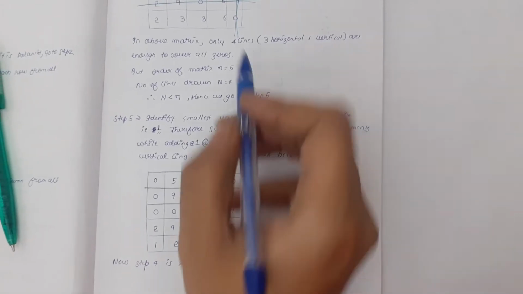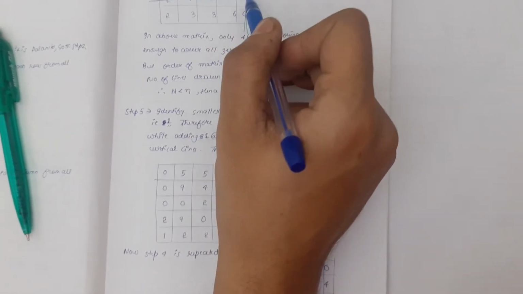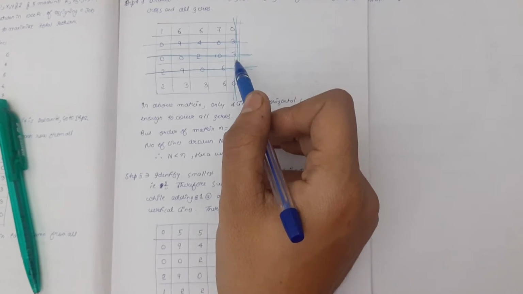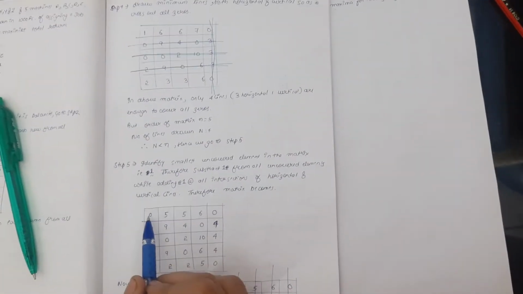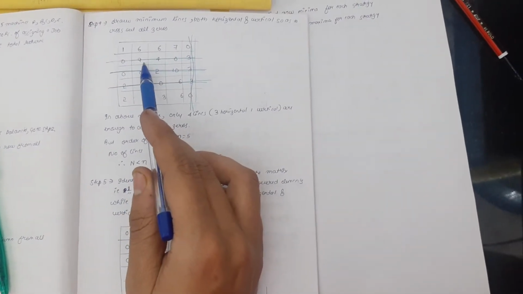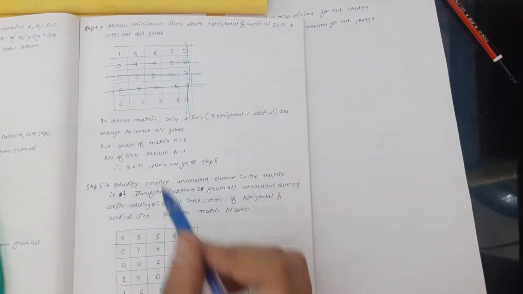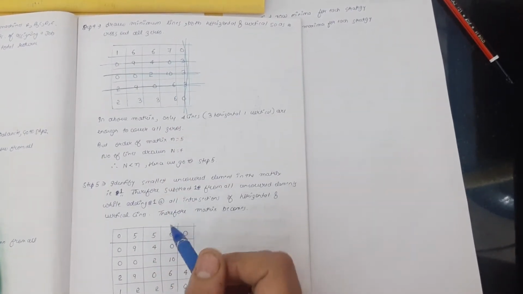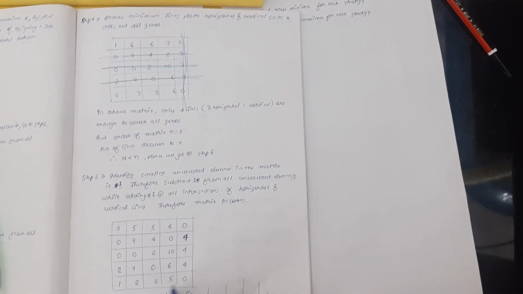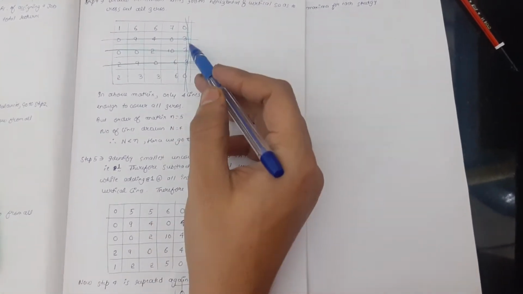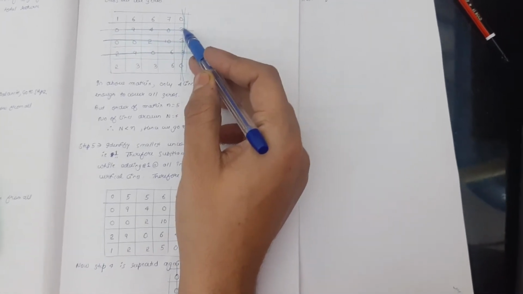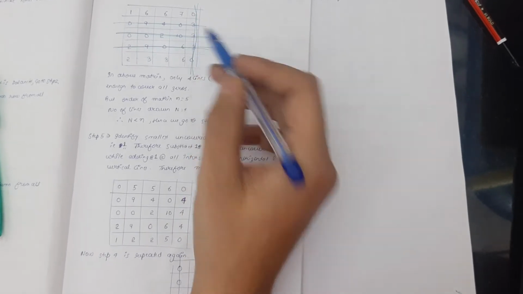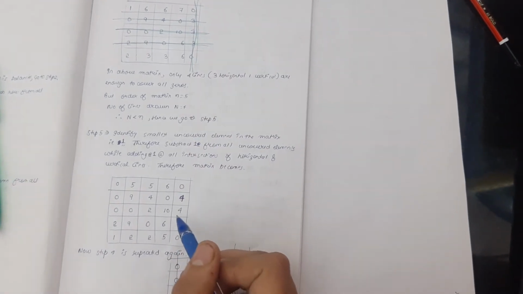So 1 minus 1 becomes 0, 6 minus 1 becomes 5, 6 minus 1 becomes 5, 7 minus 1 becomes 6, and this is repeated for the elements below as well. For the intersection elements, we add 1 to these 3 elements. We have 3, 3 and 3, we add 1 to it, so it becomes 4, 4 and 4.